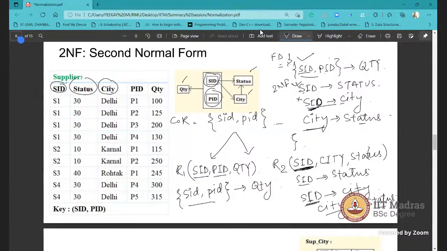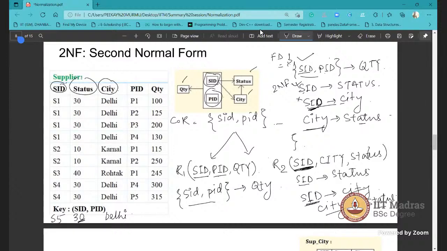If any other supplier came, that's S5, and he lived in Delhi, right? So this is the status of Delhi. Every time we write the city as Delhi, the status should be the same, that is 30. So that is redundant also. That is a redundant attribute, right?